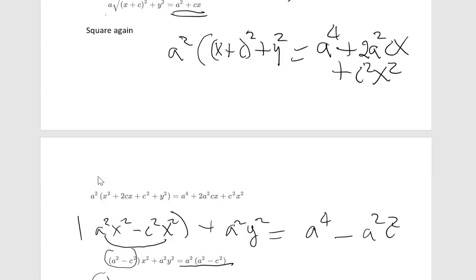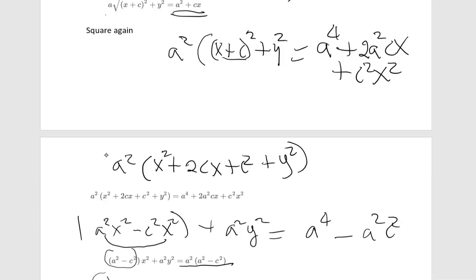So if I expand this, I get a squared, and if I expand this, I get x squared plus 2cx plus c squared plus y squared, right?